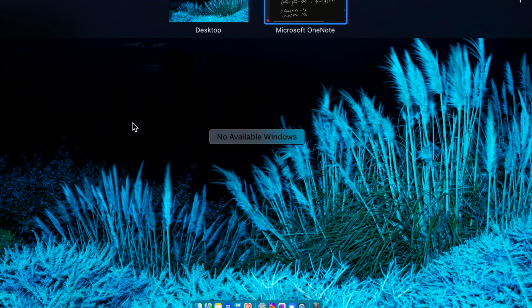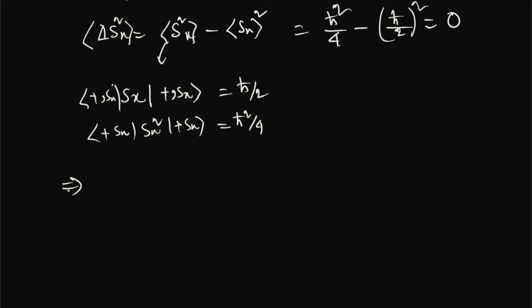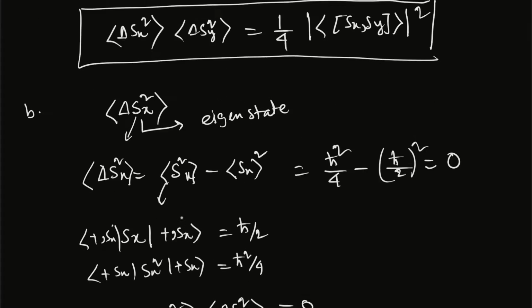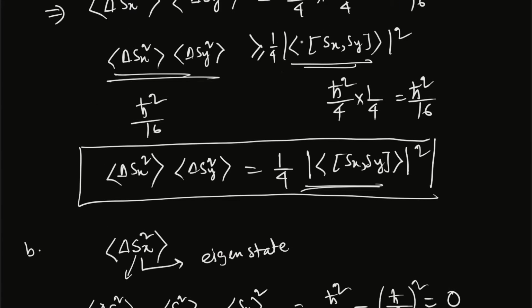That means the left hand side of the uncertainty relation, ⟨ΔSx²⟩⟨ΔSy²⟩, will give 0. Now let us calculate the right hand side of the uncertainty relation, that means 1 by 4 times the expectation value of [Sx, Sy], its square.